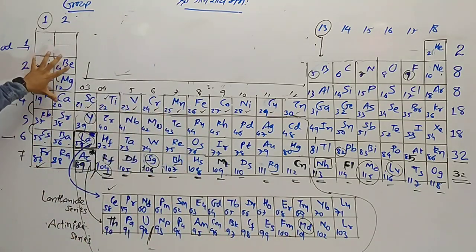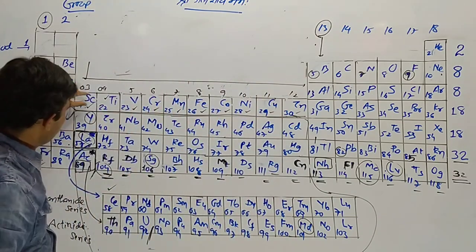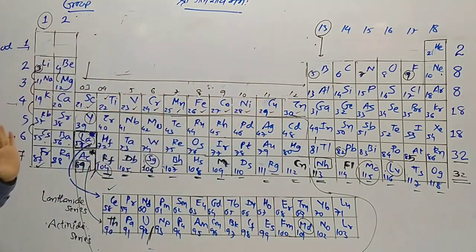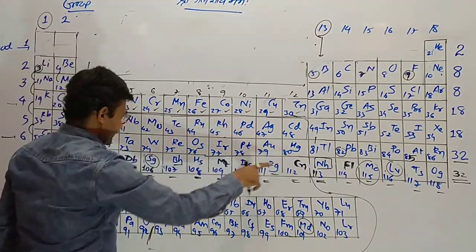You have to remember 11 groups, 1, 2 and 13 to 18, and only one line, scandium to zinc. Now iridium, platinum, aurum, gold and mercury.